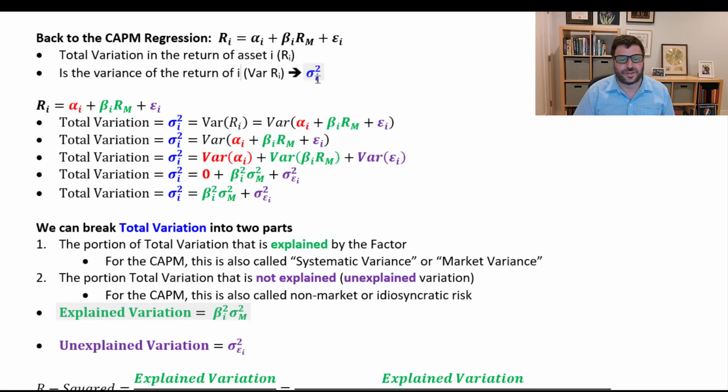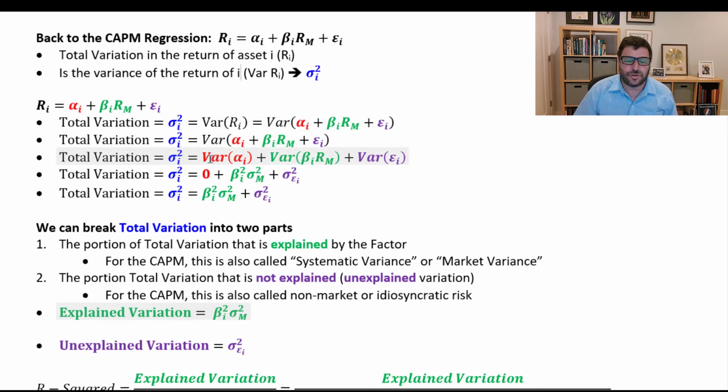This is the variance of the return of I. And so I can take my equation, Ri equals alpha plus beta times Rm plus E, and I can say that the total variation is going to be the variance of the left-hand side and therefore the variance of the right-hand side. And then I can distribute. I can say that the variance of alpha, plus the variance of beta times the return of the market, plus the variance of the error terms is going to equal the total variation.